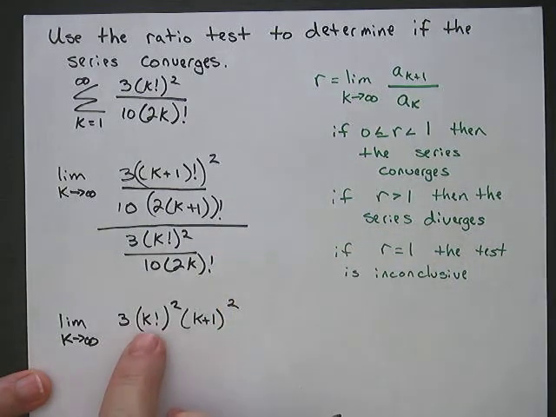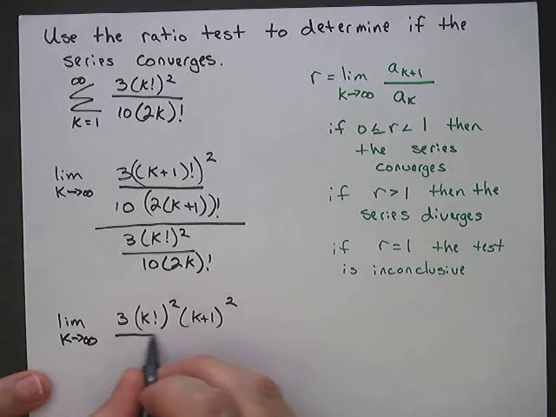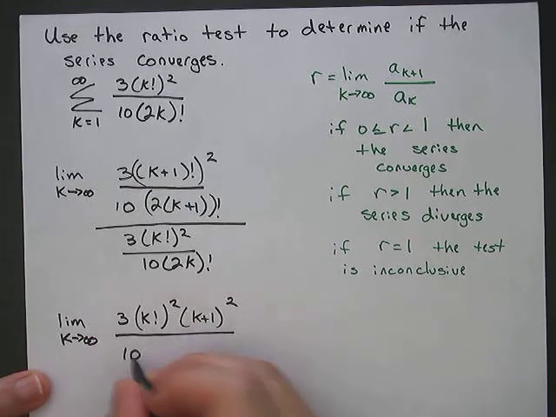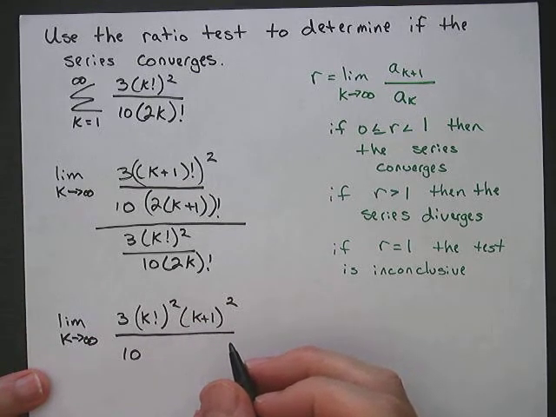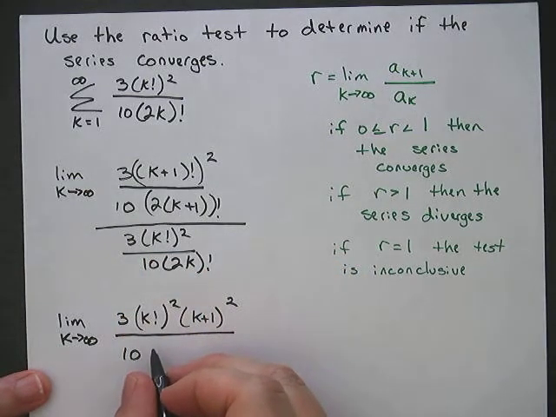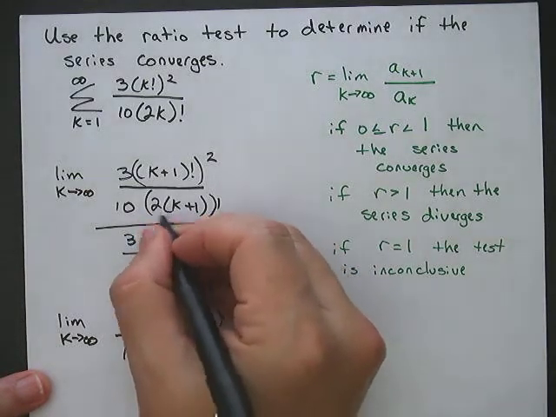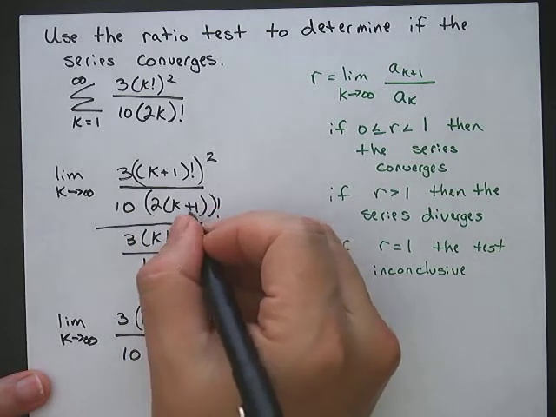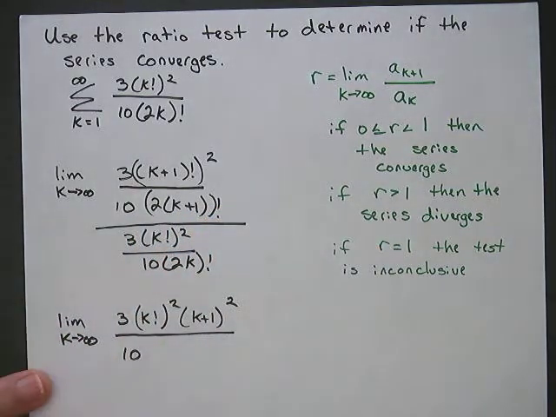Okay, so k plus 1 factorial is the same as k factorial times k plus 1. But they're also being squared in this problem. Okay, and then on bottom we have 10. Okay, and I'm going to write 2k factorial out front, because this is going to get distributed and become 2k plus 2. So there's going to be two extra terms.